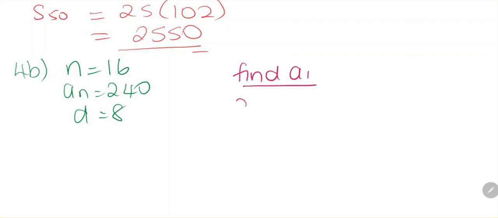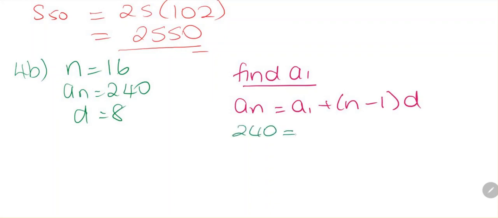So we're going to use the formula a_n equals a1 plus n minus 1 times d, and I'm going to substitute in what I know. I know that a_n is 240. I don't know the first term, so that's a1. The number of terms is 16, so this is 16 minus 1, and the common difference is 8.